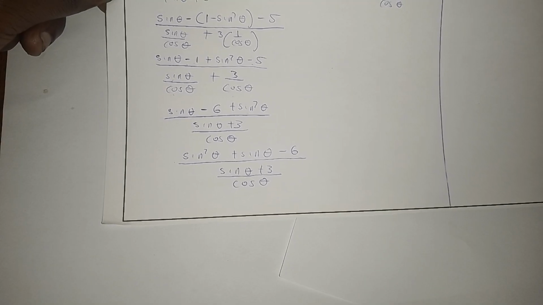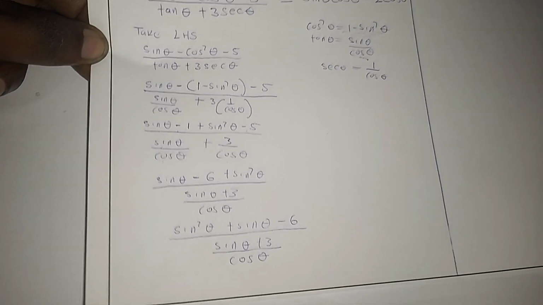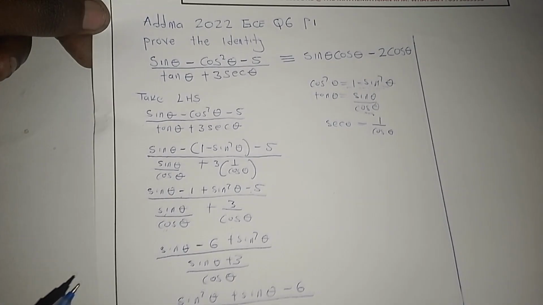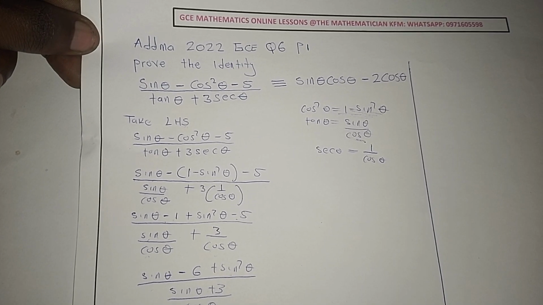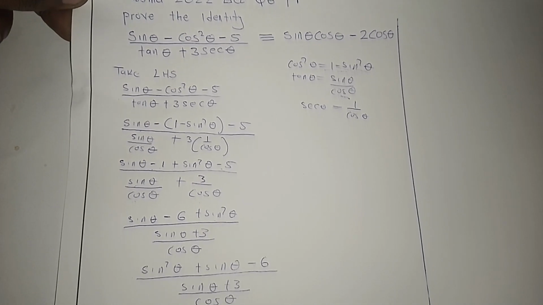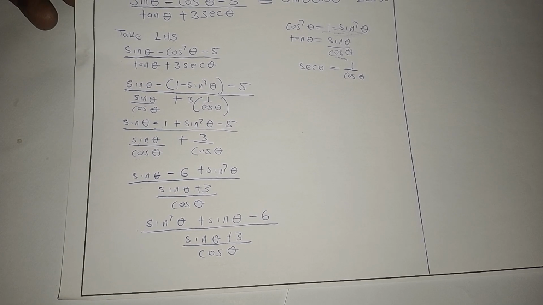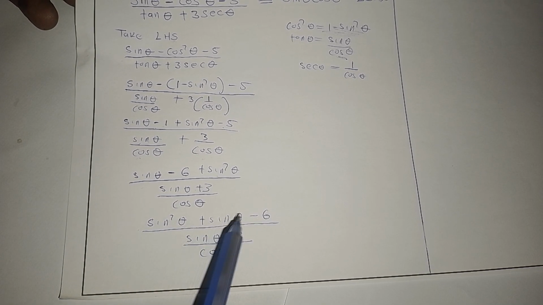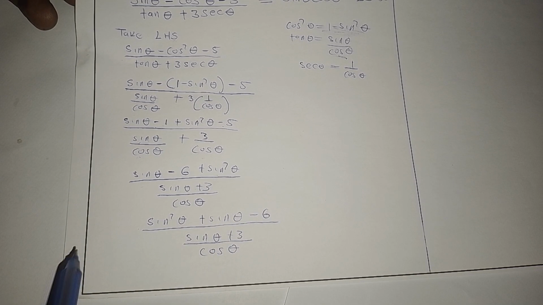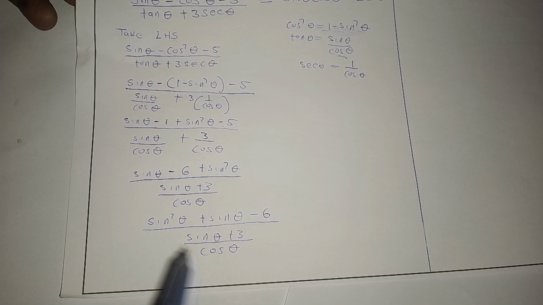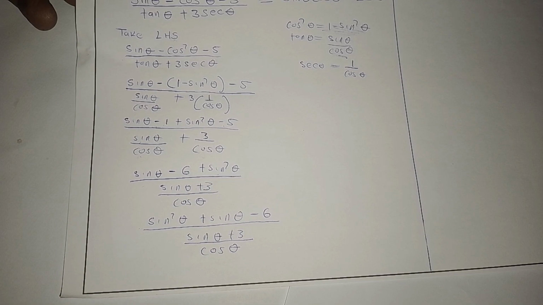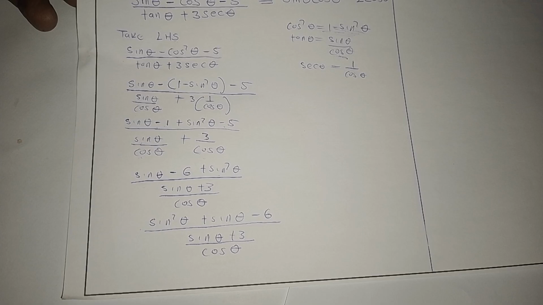Now what is next? We started from here, for the sake of others following. When we reach this point, what is important is to deal with the quadratic first. Then later on, we are going to deal with the numerator.